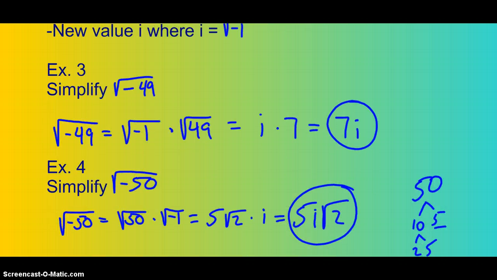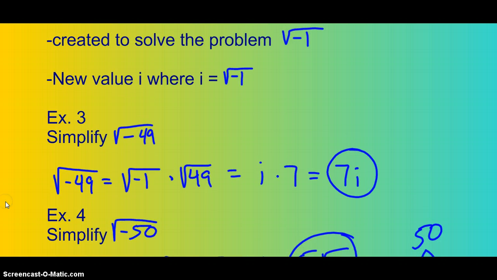As we look here at example 3, you're asked to simplify the square root of -49. What we're going to do is rewrite that as the square root of -1 times the square root of 49. Now the square root of -1, we just said, can be rewritten as i, and the square root of 49 is 7.